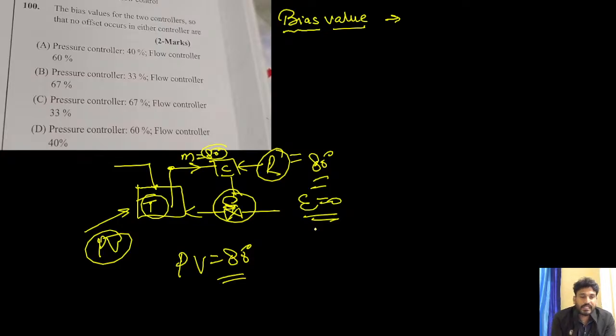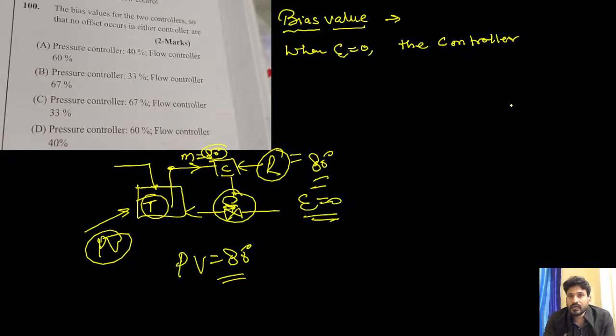So bias value is something, and when error is zero, if error is zero, controller कुछ तो दे रहा है ना, कुछ तो आउटपुट दे रहा है ना, controller is giving some output. That is my bias value.